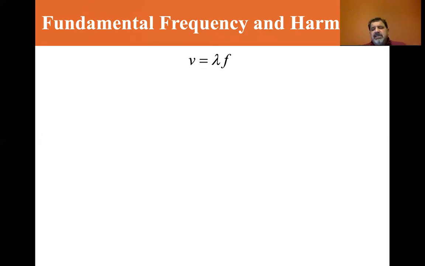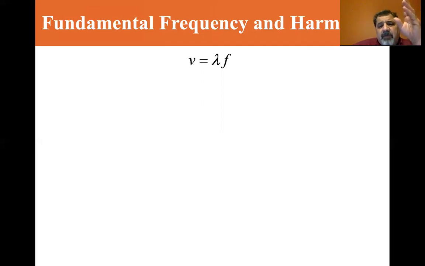Rate equals distance divided by time. Lambda is the distance. Time is the period. Did I say that right? Velocity. The rate, velocity, is equal to distance divided by time.